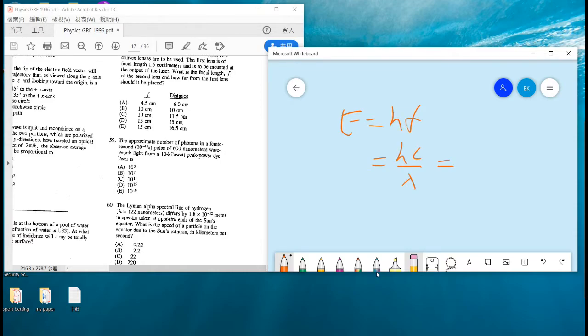You know lambda, you know c, you know h, so you can compute. One easy way is to use 12400 divided by lambda, but you need to use Angstrom. So 600 nanometers is 6,000 Angstrom. So we can use this quick formula to change into eV. What I got is like 2 eV.